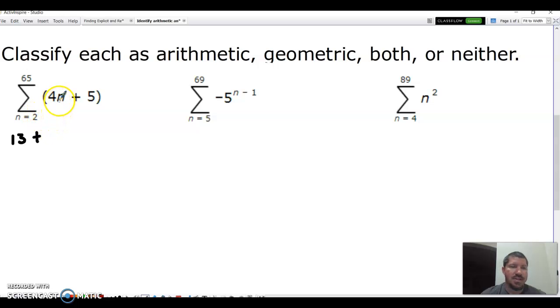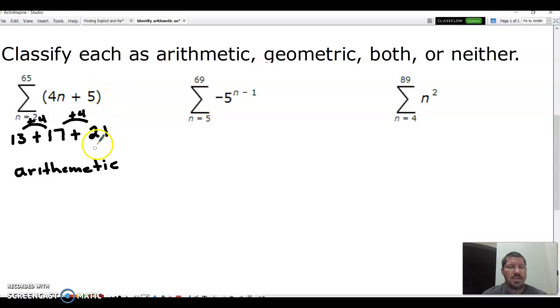So 4 times 3 is 12, plus 5 is 17, right? Again, if I move on to the next one, that's 4 times 4 is 16, plus 5 is 21. What I see is between each of these numbers, I'm adding 4 every time. So that would make this arithmetic.